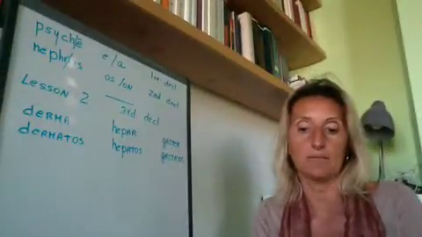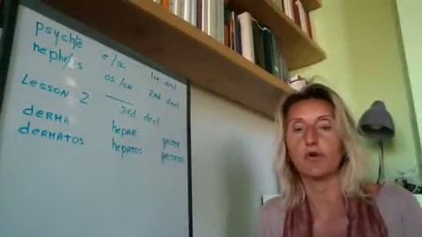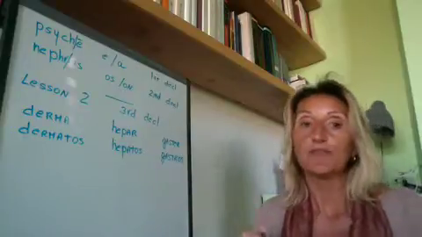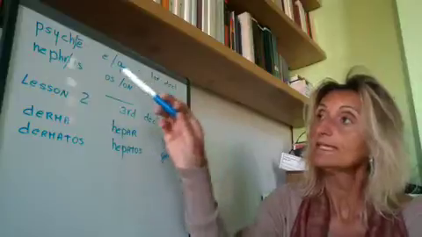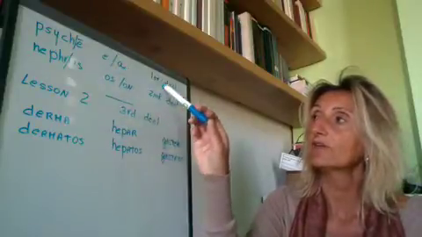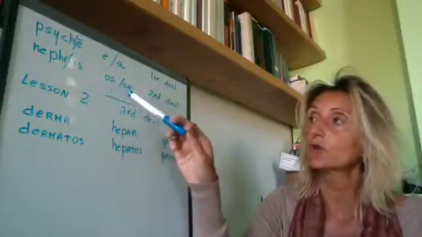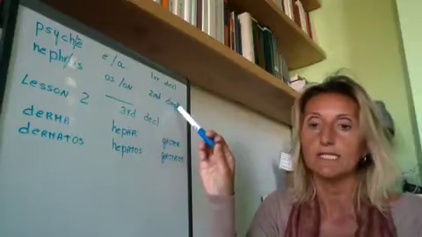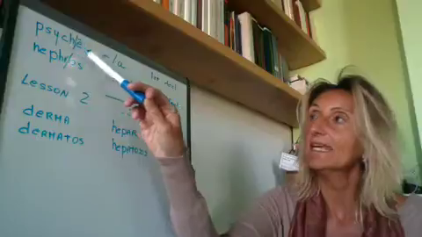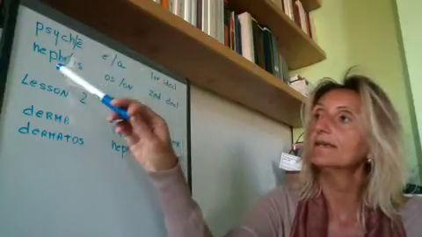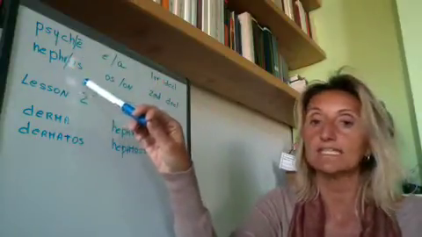So English terms are formed by Greek words of the first and second declension, which end in e or a for the first declension, or os or on for the second declension. Like psyche, okay, for mind, and nephros for kidney.